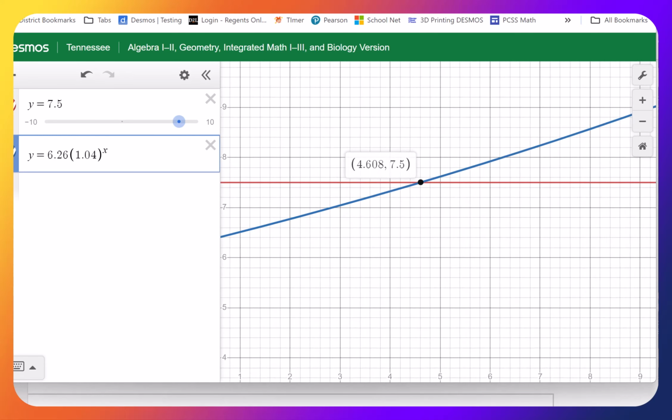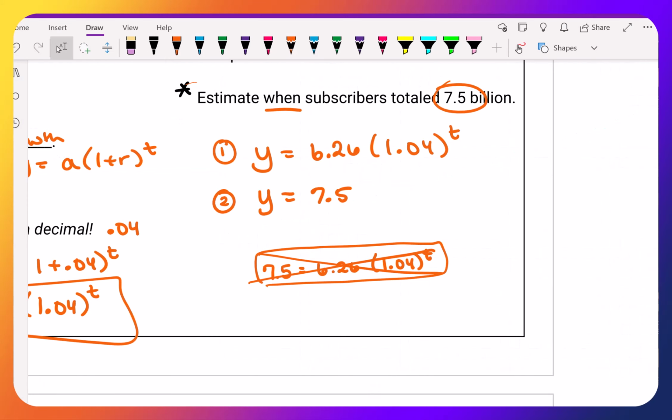I'm looking for that intersection point. So X is 4.6 when Y is 7.5. So that basically means T, or time, is 4.6, and it's in years. So 4.6 years, we're going to wind up with 7.5 billion subscribers.